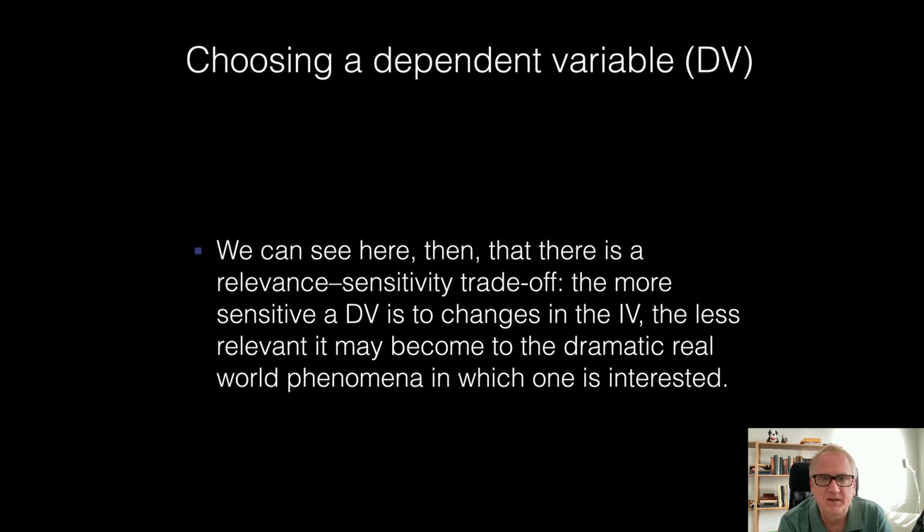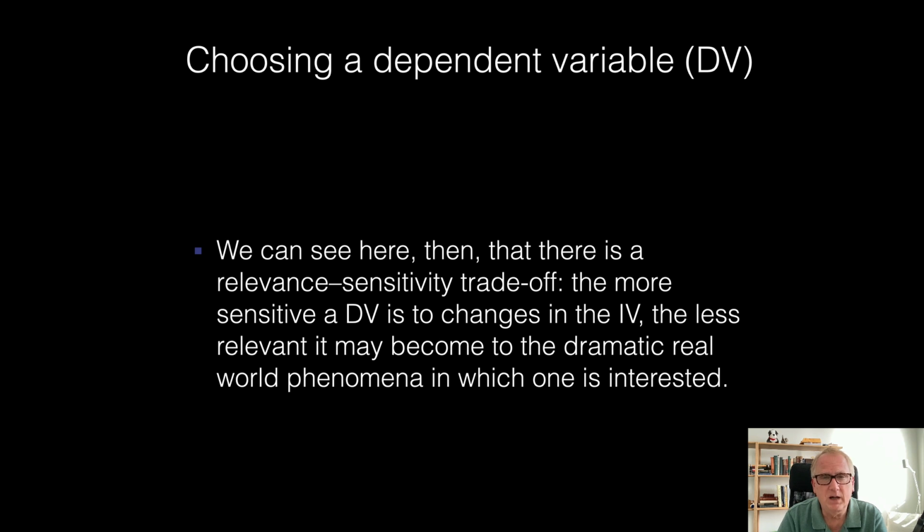But the problem is seeing a psychologist is not a very sensitive way of measuring our dependent variable. So we probably wouldn't actually be able to see anything happening on the independent variable. So that's the kind of thing that we think about back and forth as we choose our dependent variables. Do we have something that's really relevant and of interest? And also, could it be that it's sensitive to manipulations of the independent variable?